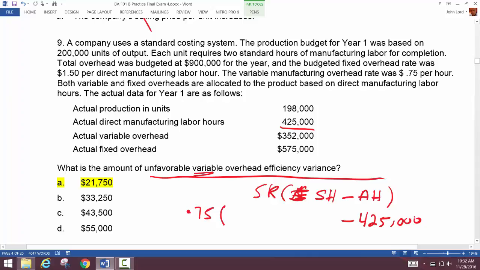Okay, this is hours, so I don't want to put dollars in there. I've got my price right here. 200,000 units was what they were planning to produce. How many units did they actually produce? 198,000?